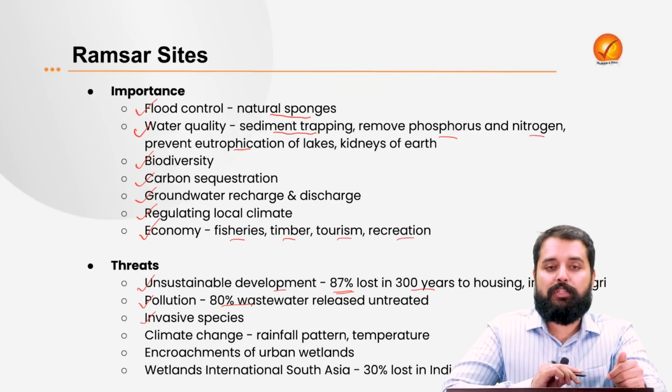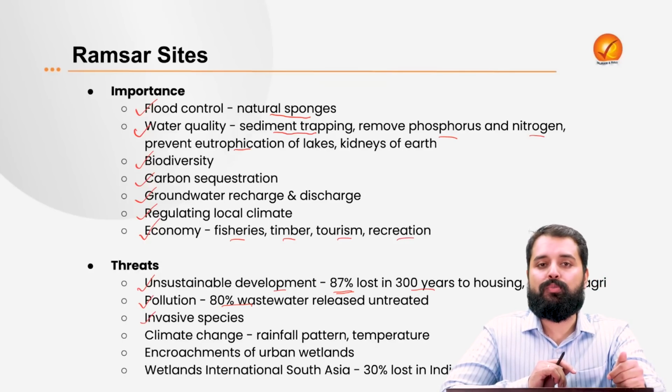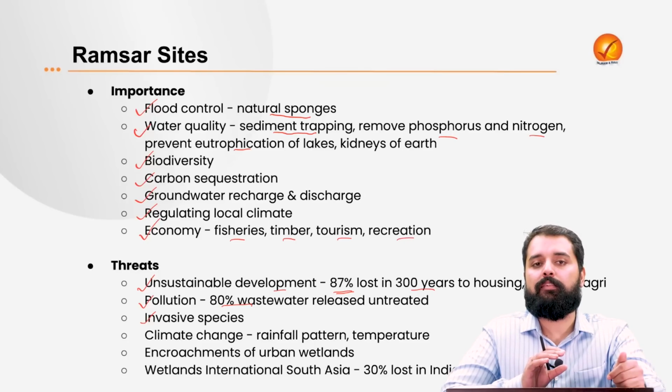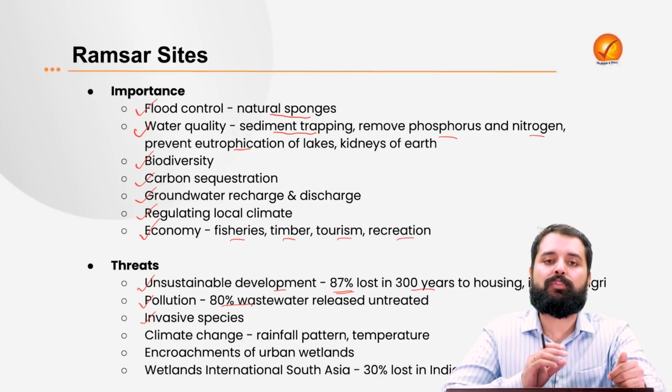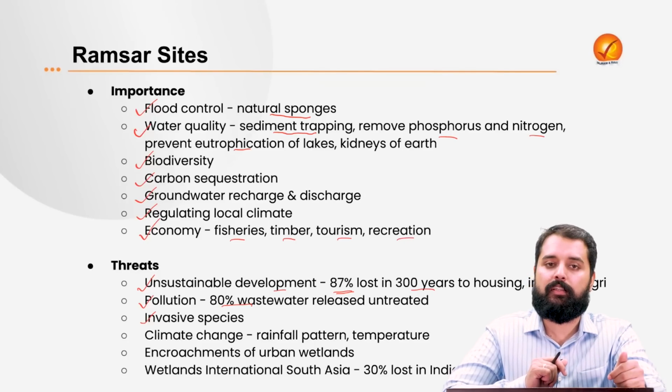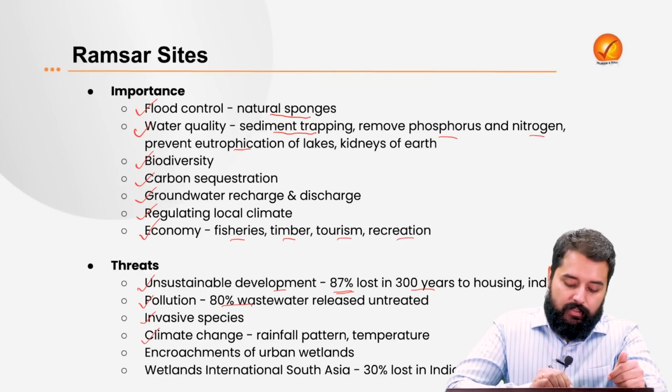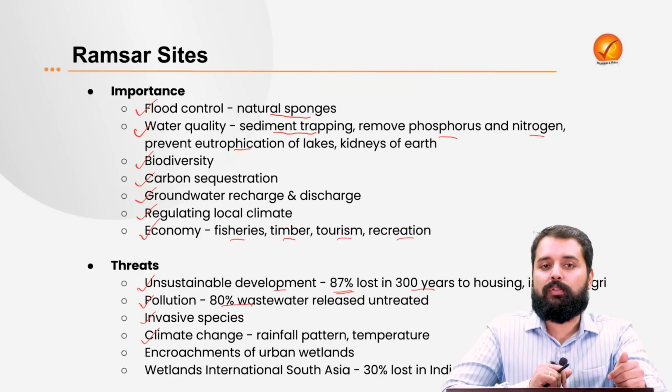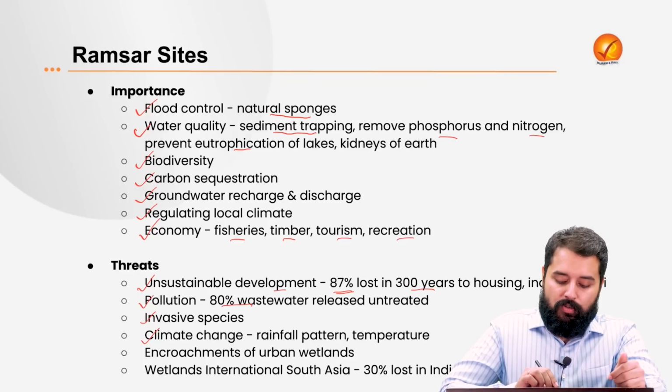There are invasive species also. Often they are introduced by anthropogenic activities only, and these invasive species eat into the natural biodiversity surviving in the wetlands. Climate change also leads to the damage to the wetlands.